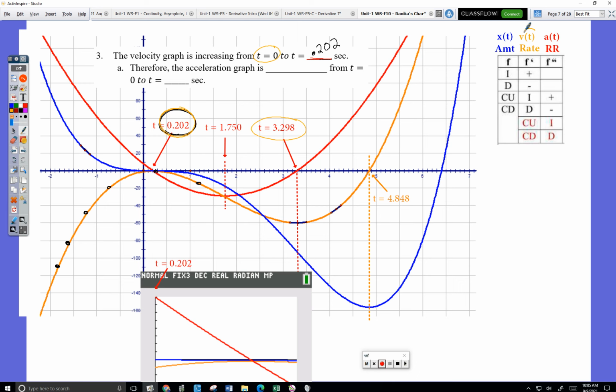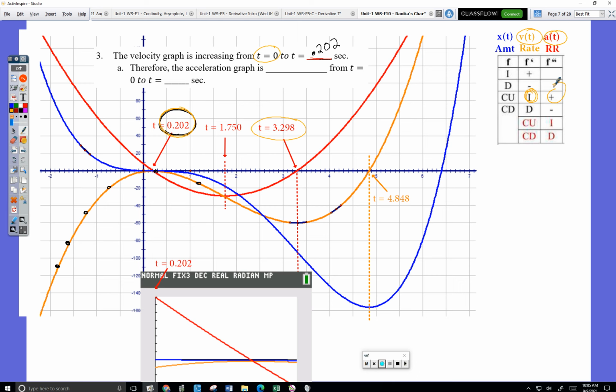When the velocity is going up, this chart is all about y-coordinates. The x-coordinates are just time. So this chart's all about y-coordinates, and you always read left to right. So when we see y-coordinates that are going up, we are guaranteed that the y-coordinates of the acceleration will be positive.